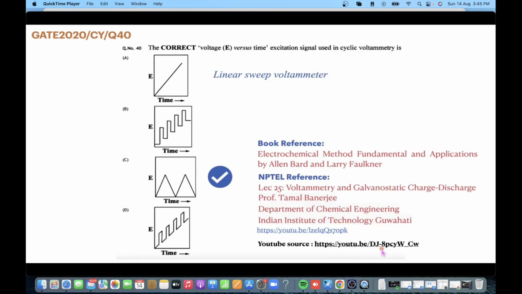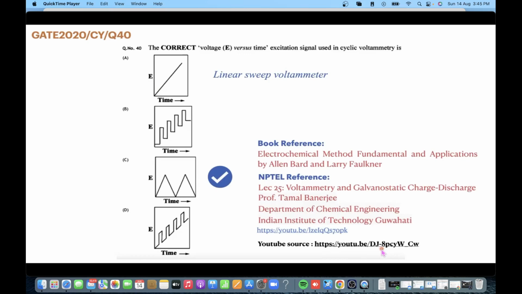Then when my potential is switched, it decreases, it goes in the negative direction. Let's say first oxidation was happening, now the reduction will happen. So for that to happen in cyclic voltammetry, one cycle should be completed.